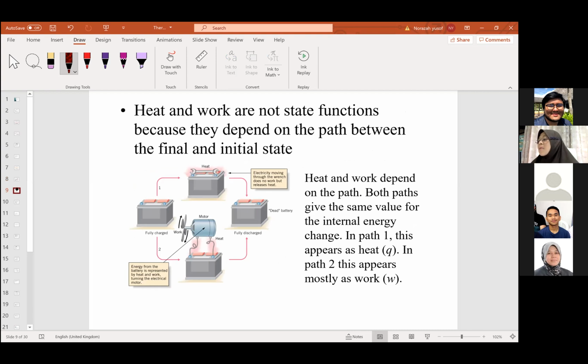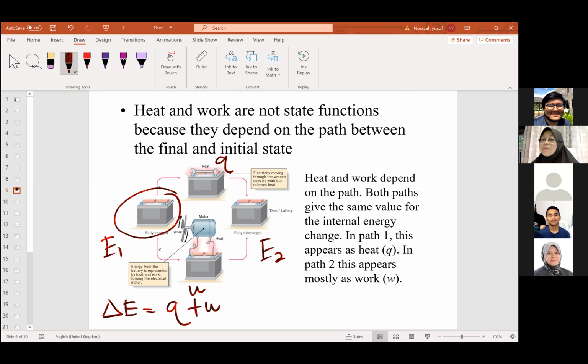Let's say you have the early energy, and this is the energy after some heat and work is done. So you remember that delta E is equal to Q plus W. So it might be E2 minus E1.